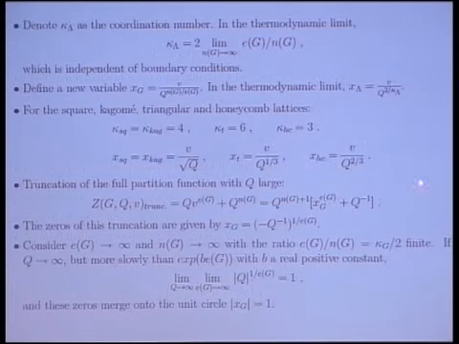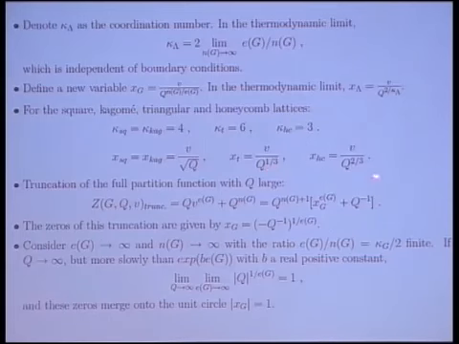Okay, however, because I'm going to take Q to very large, we change the variable to x. We will look at the zeros in the x plane. x is v divided by q raised to 2 over kappa, and this kappa is the coordination number. So for the square lattice, it's just v over square root q. For the triangular lattice, it's v over q raised to the 1/3 power.